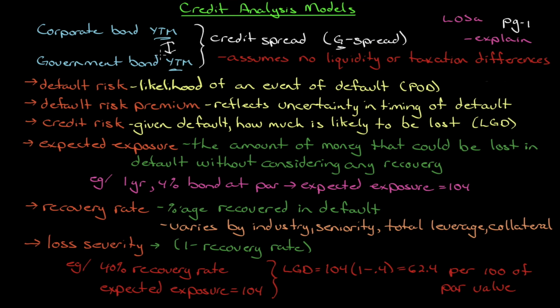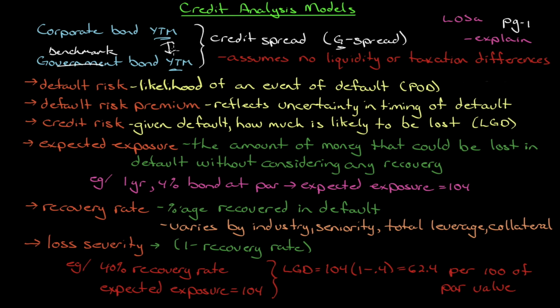A more appropriate way of describing the credit spread, as opposed to saying it's the extra yield to maturity over the government bond yield to maturity, we would say the benchmark bond. That's a better way to describe it because it does not have to be a government bond. When it is a government bond, we describe it as a G spread, but it does not have to be a government bond. So typically we would just use the generic word, the benchmark bond.